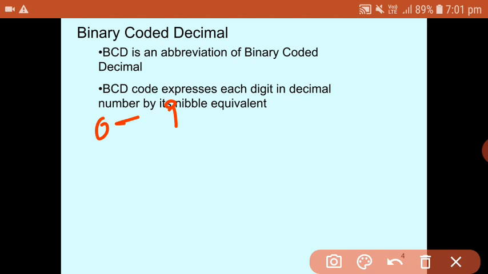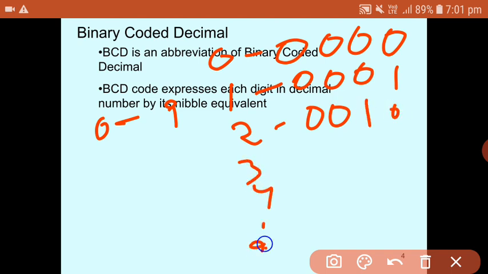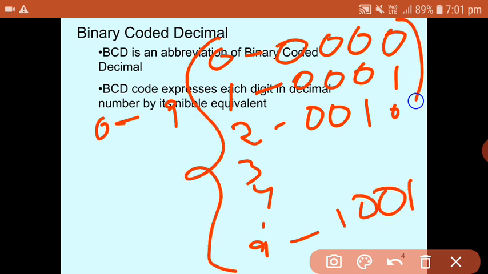For example, 0 is represented with four zeros, 1 with 0001, and 2 with 0010. Likewise, 3, 4 up to 9, which is represented with 1001. These are the binary codes for the decimal numbers.